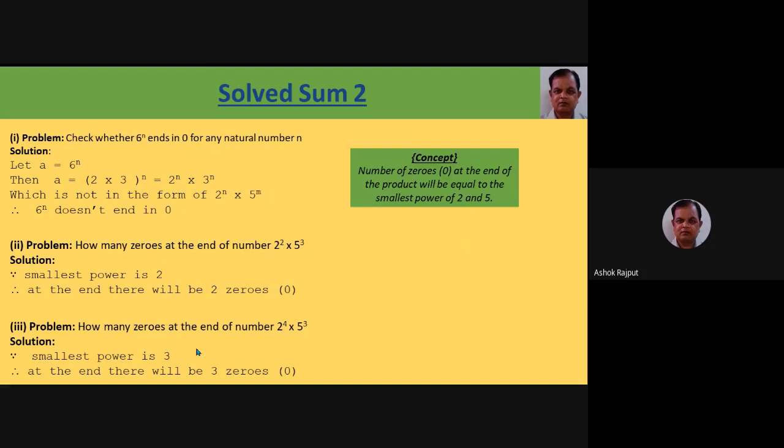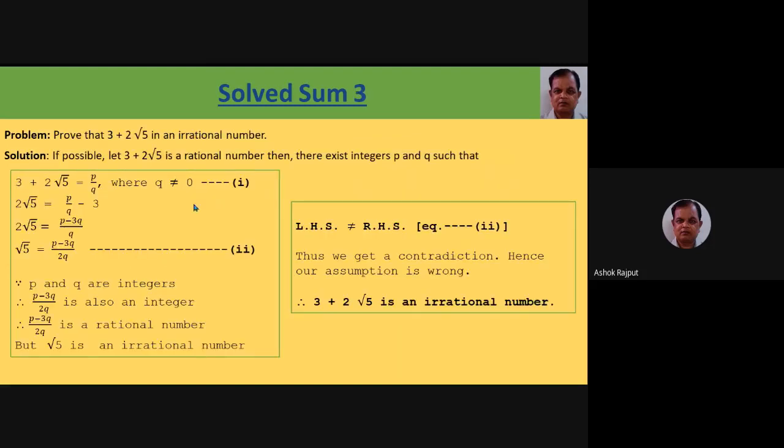The next one is: prove that 3 plus 2 root 5 is an irrational number. As we know, the sum of a rational and an irrational is irrational, but there is a need to decide it or check it. How can we prove it?